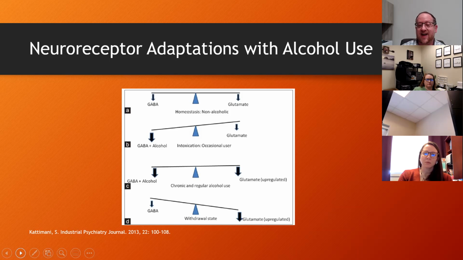And so you get an overexcited brain, which leads to alcohol withdrawal, at least that's our understanding at this point in our science. And so alcohol withdrawal tends to be an agitated state where people are anxious and tremulous, and their heart rate goes up. Next slide, please.